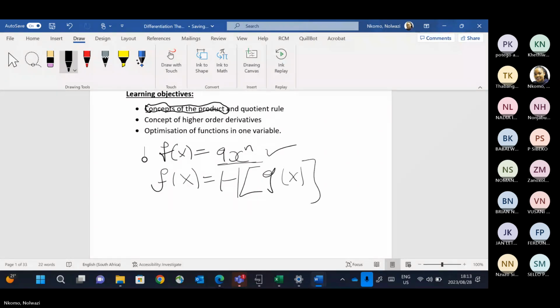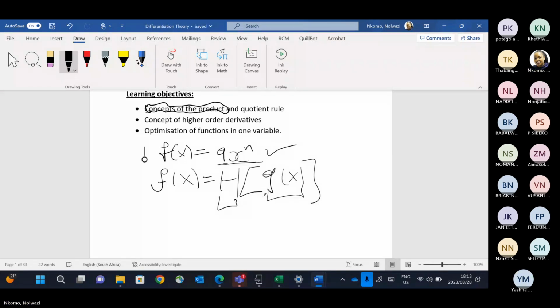If we are given a function like this, an outer function and an inside function, and we are asked to differentiate it, we will use the chain rule. And today we'll start from the product rule.